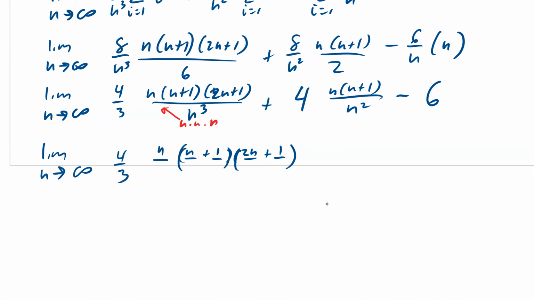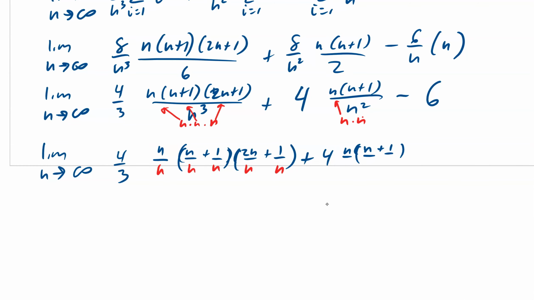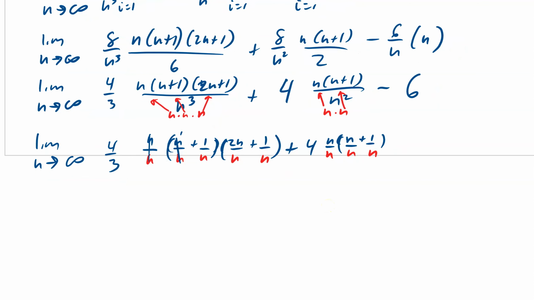So again, we're giving 1 to each. You have to distribute it in that parenthesis. Okay, next guy. Plus 4. Same thing. Like that. And again, this is n times n. And so 1 goes there, 1 goes there. And then the minus 6.